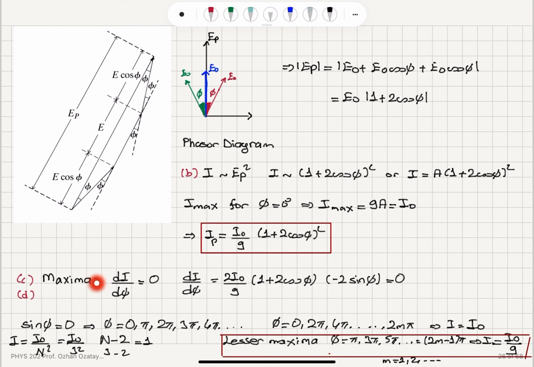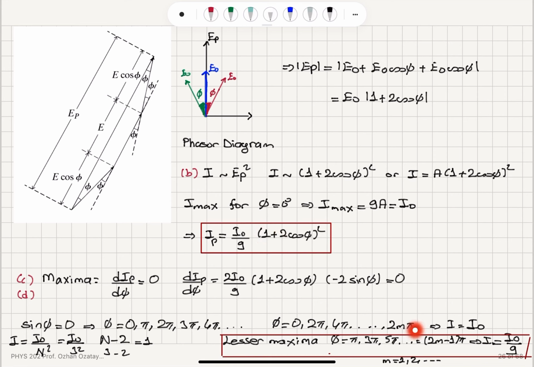The maxima will correspond to the derivative dI d phi becoming 0, which gives us both the locations of maxima and minima actually. So sine phi equals 0 occurs at 0, pi, 2 pi, 3 pi, 4 pi. Cosine phi equals minus 1 over 2 gives us 0 intensity, which are the minima.